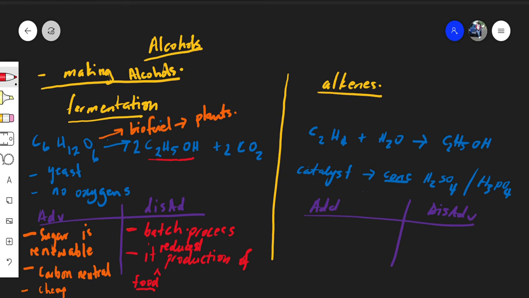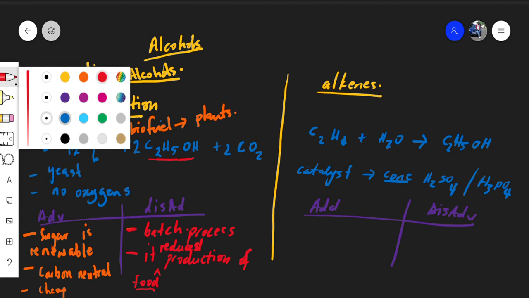The thing about demand and supply, stuff like that, I don't really know about. But those are the disadvantages.